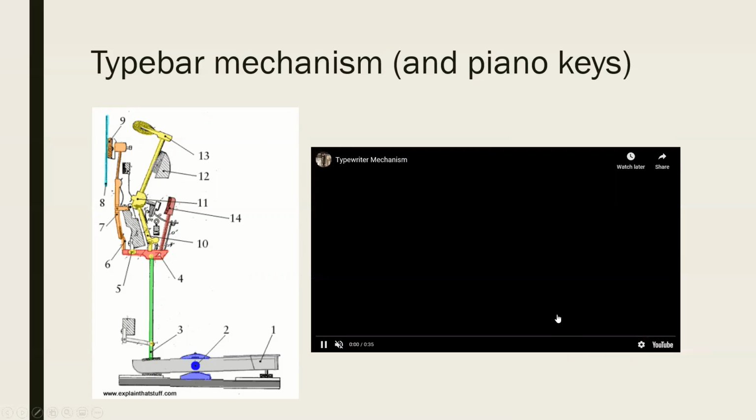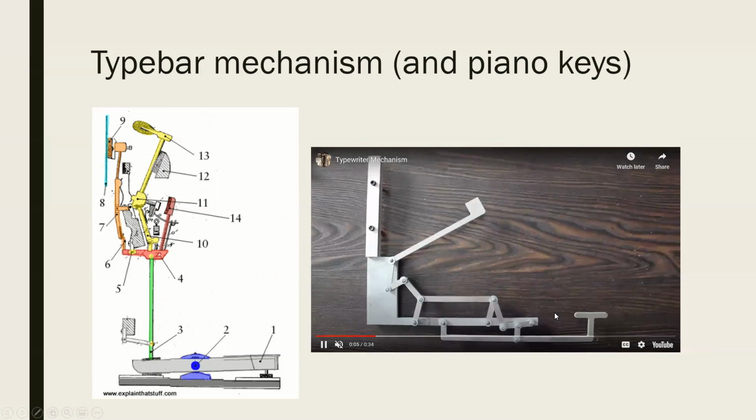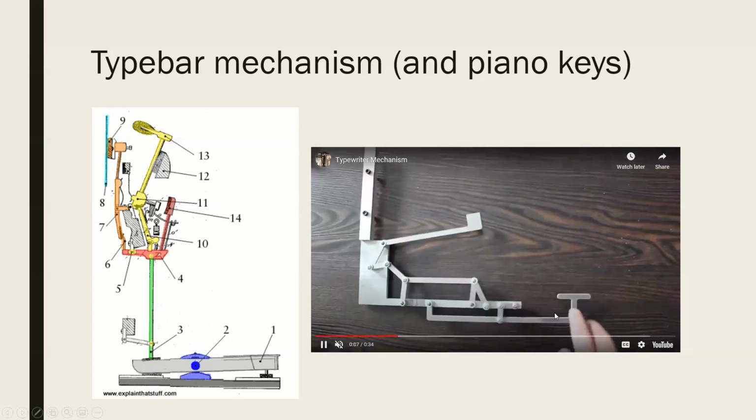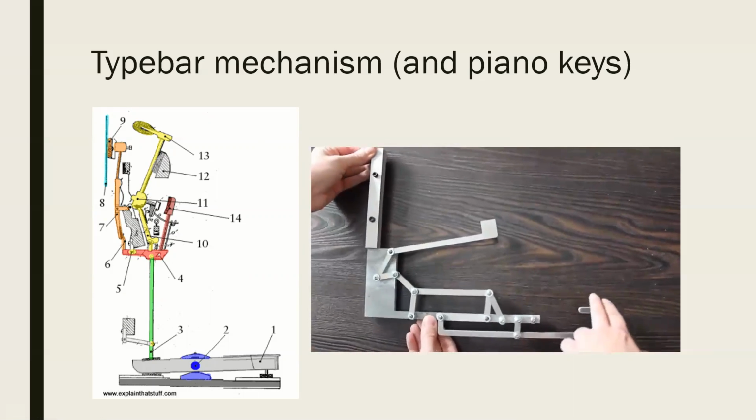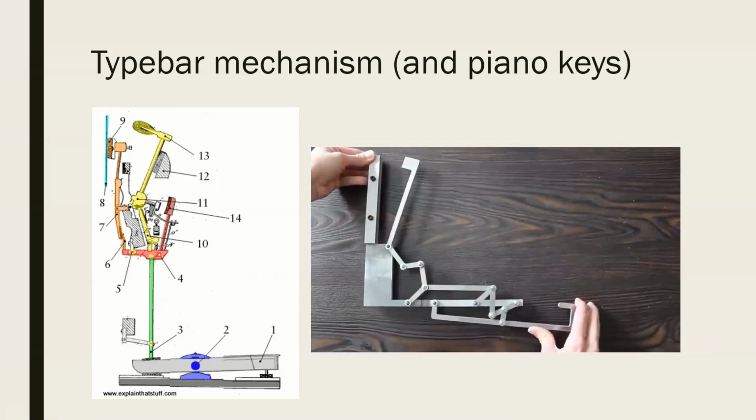I have a little video here showing that process in action. What we see is that when the typist hits the key, the type bar with the stamp on it moves very quickly up to hit the paper.